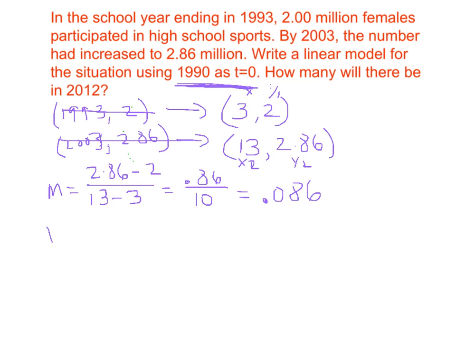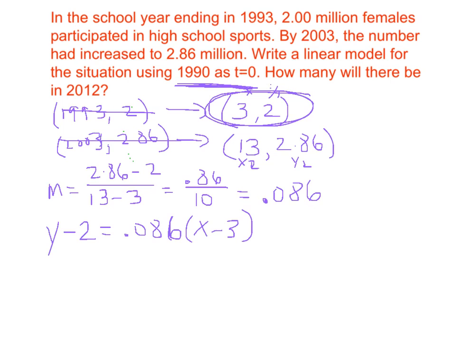We're going to plug into our point-slope form, y minus y1. Again, it doesn't matter what points you use. I'm going to be using the point (3, 2) because those numbers are much happier. So y minus 2, we do the y value first, equals 0.086 times x minus 3, because that's my x1 value.